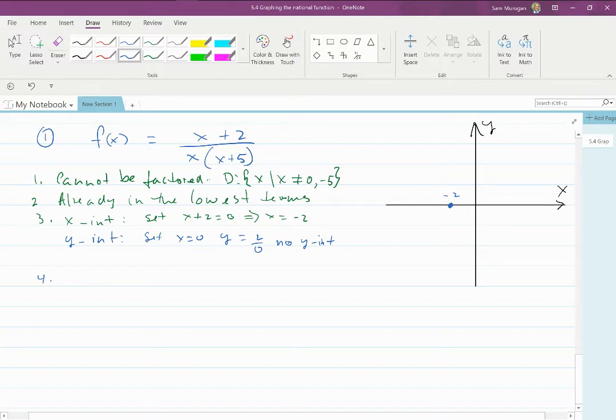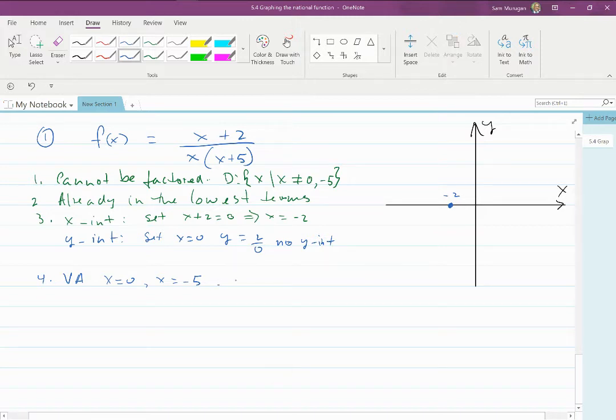we consider the vertical asymptotes. So there's two vertical asymptotes. Remember, we said the denominator equal to 0. x is equal to 0, and x is equal to negative 5.